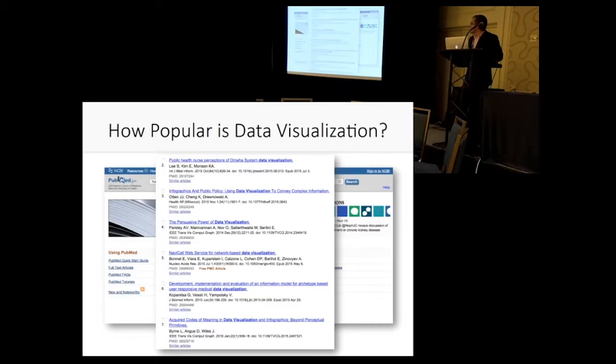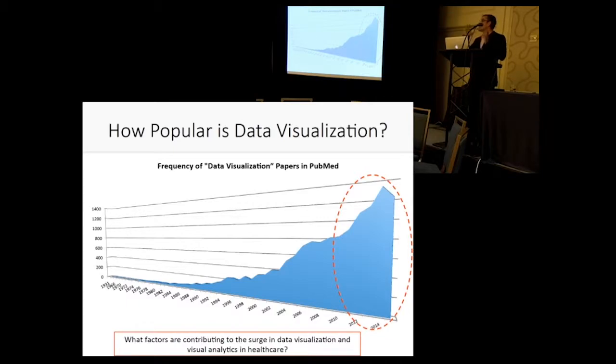So I searched, and there are thousands of papers nowadays that talk about how they're using data visualization to illustrate clinical data. And actually, we can plot it, and we can see that during the last 5, 6, 7 years, there has been a huge increase in the number of publications that say they are using data visualization to show and depict this clinical information.